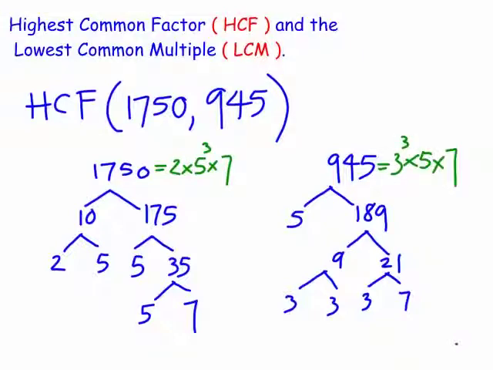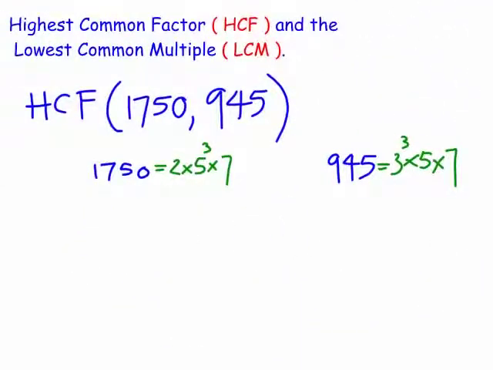Now all we have to do to find the HCFs and LCMs is to use the ideas of common primes, lowest powers, or all primes, highest powers. So let's do that now. The HCF is pretty easy. We can see which primes are common. Which ones would be common? 5 and 7.